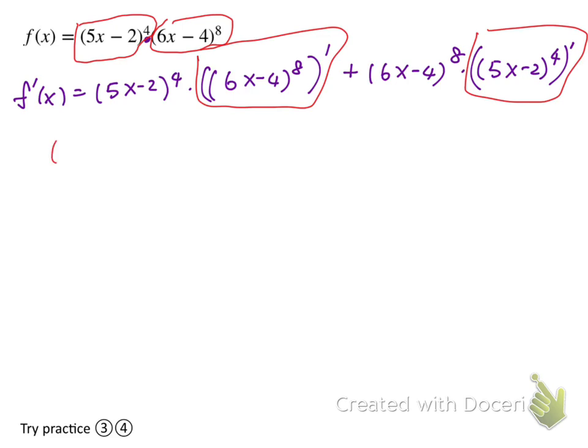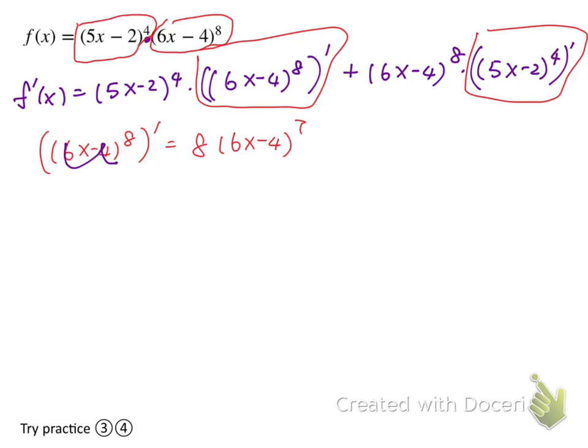Okay, so (6x minus 4) to the 8th power, I'm differentiating it. When I differentiate a power of something, pretty much this is my u, right? And we do this, which is called general power rule. When you differentiate a power, you first pull the exponent to the front, and then you keep that u, or whatever the base was, to one power lower.